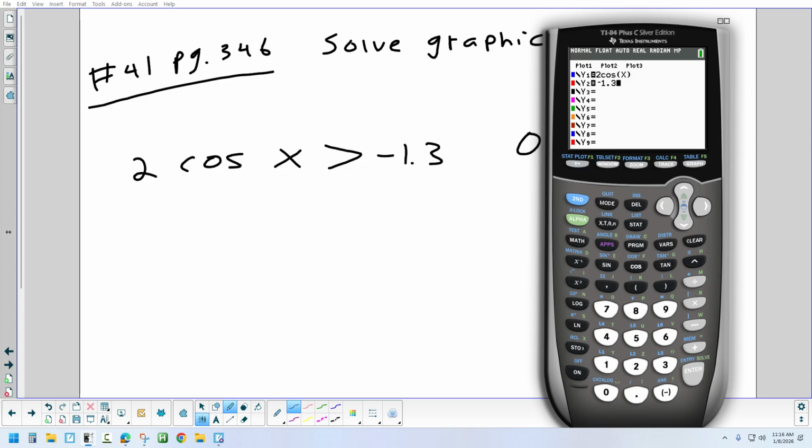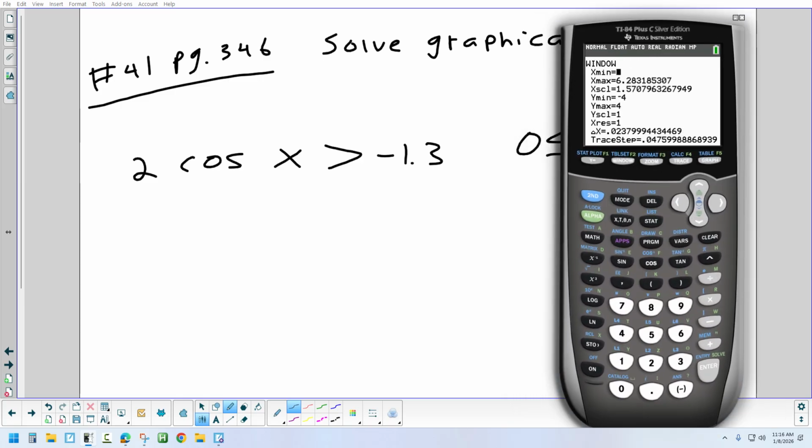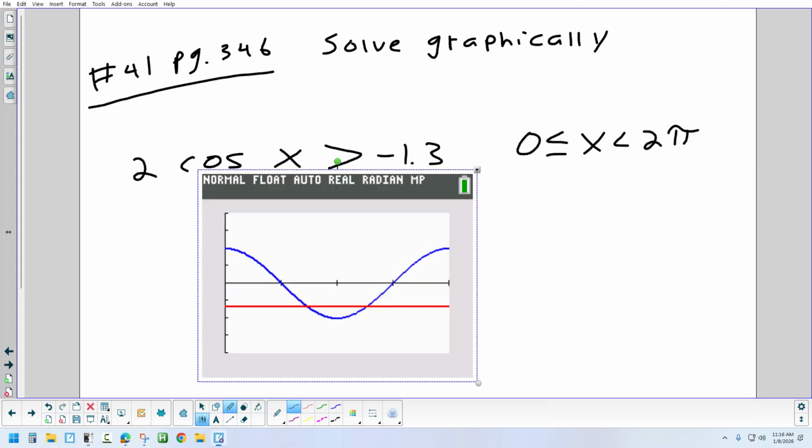Yeah, it's still negative 1.3. You're going to do it exactly the same way you do it if it was an equals. Except window is already 0 to 2 pi, so I have that all set. Hit graph. Except the answer this time isn't going to be x equals a number. Okay? It's going to be a section of numbers because it's an inequality.